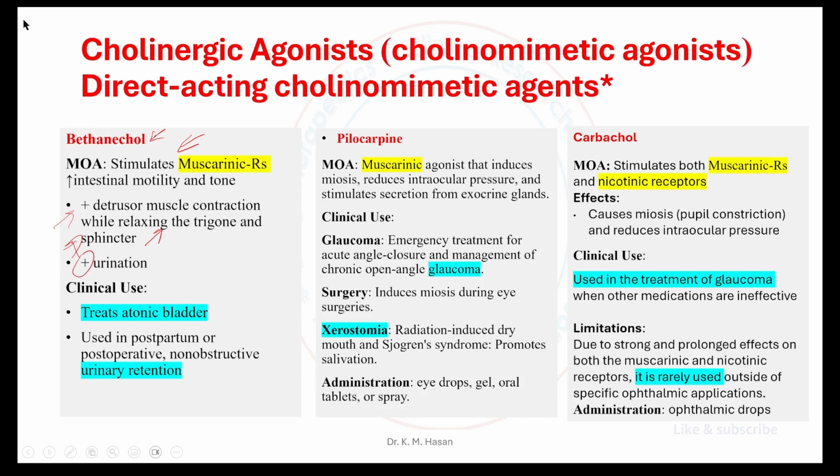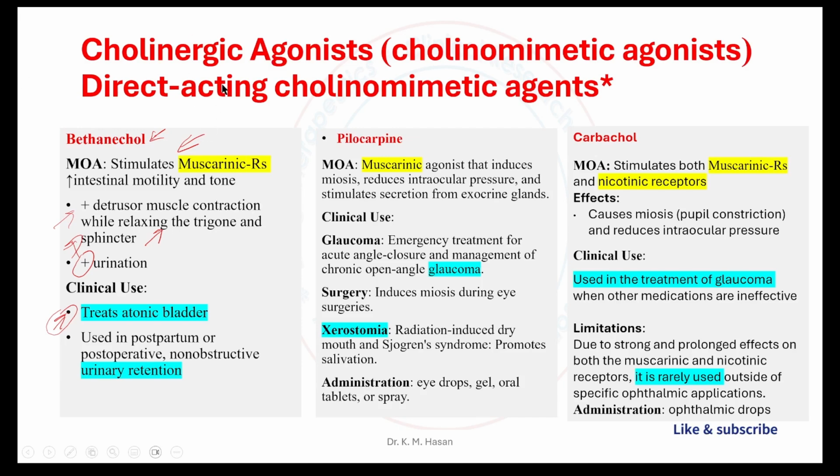Clinical use of bethanechol: it is used for atonic bladder. It is also used for intestinal paralysis, for example after surgery, to enhance contraction of the intestine.